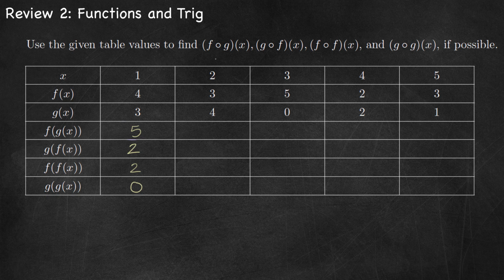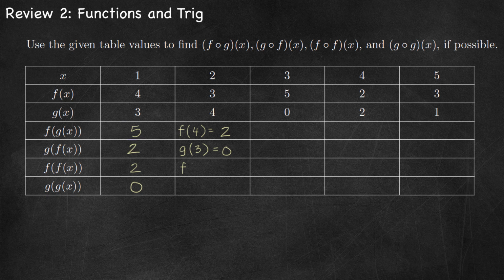When our input value is 2, here we need f of g of 2. G of 2 is equal to 4. So then I want to find f of 4, which is 2. G of f of 2. F of 2 is 3. G of 3 is 0.